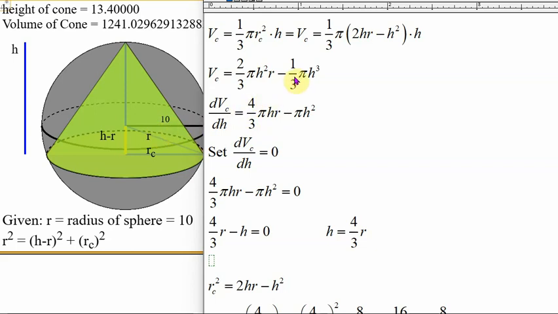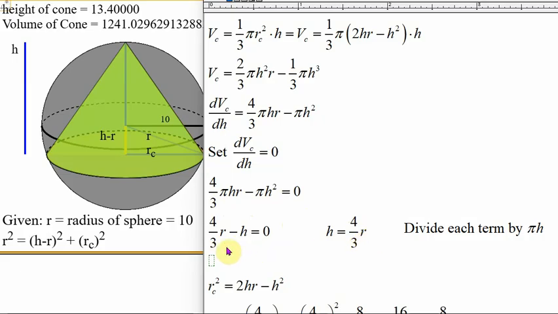And then minus pi h squared. And then we're going to set this equal to 0. And so we get 4/3 pi hr minus pi h squared equal to 0. And then solve this equation right here, solve for h. Then we get h to be 4/3 r.